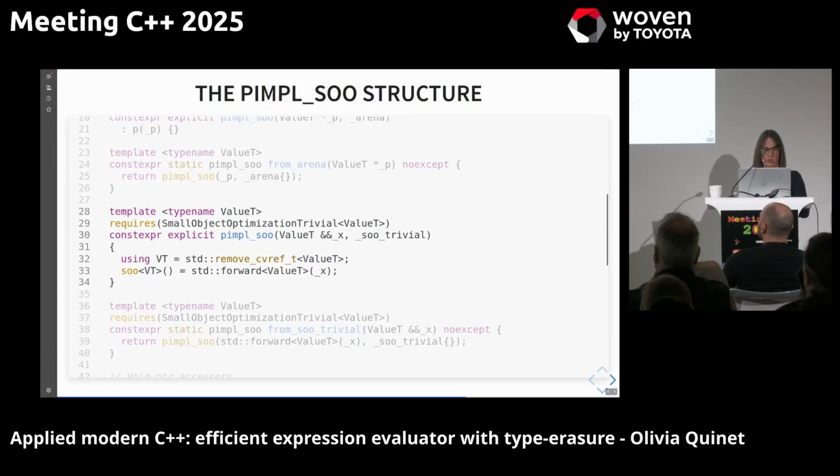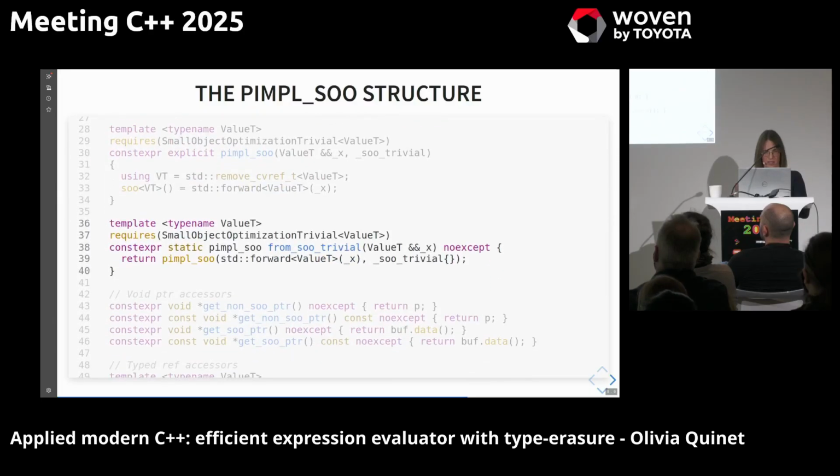And for the small object optimization, again, we use the concept defined previously to make sure that this constructor is only available if the type that you want to construct meets the requirement of that concept. So we have the value, and we initialize it inside the buffer. And that's the static function that's just calling the previous constructor.